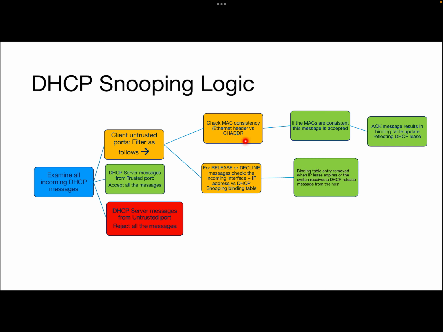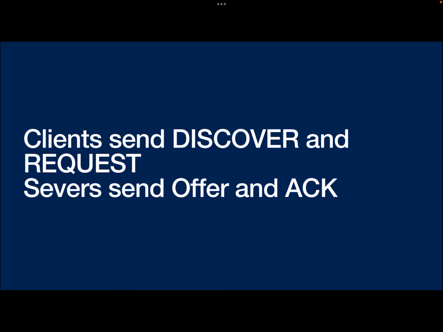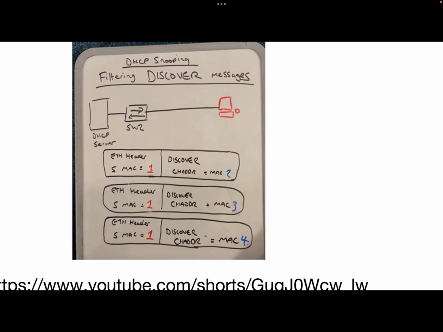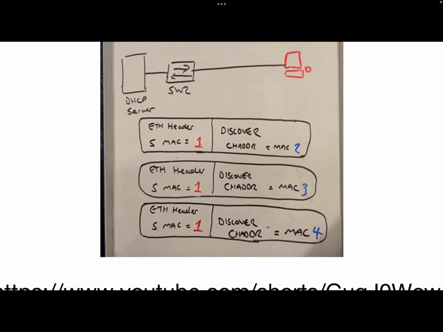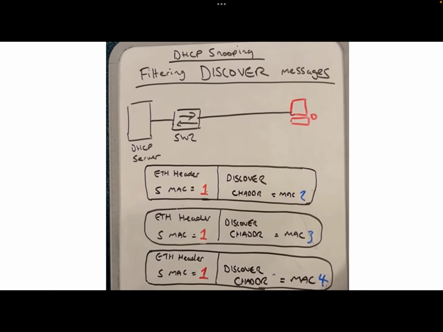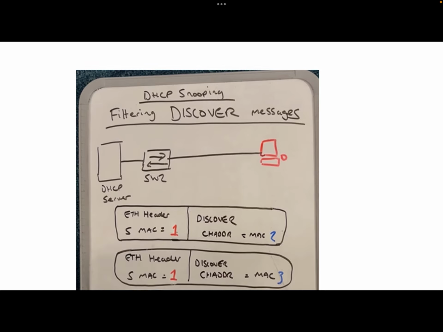In our Ethernet frame, we'll have a header, and there you'll be able to see the source MAC address. You might recognize this whiteboard from a previous video.